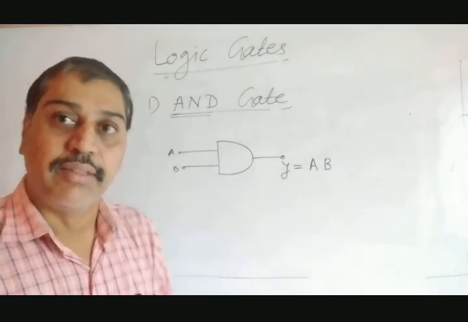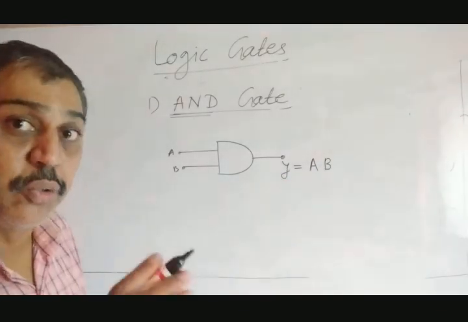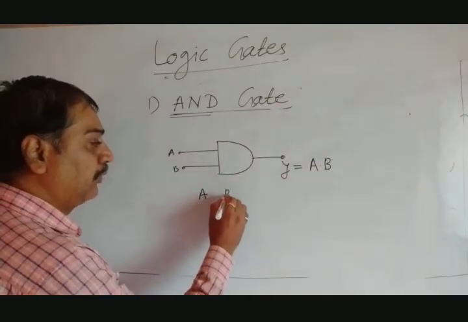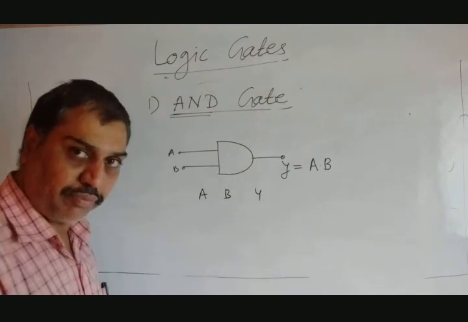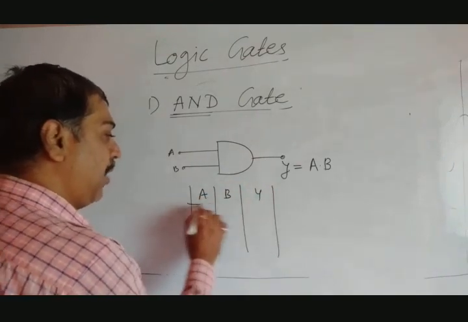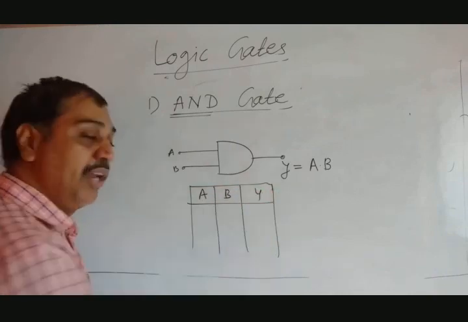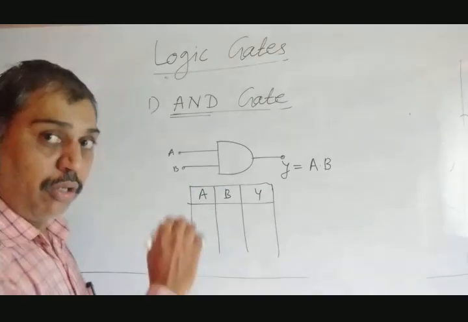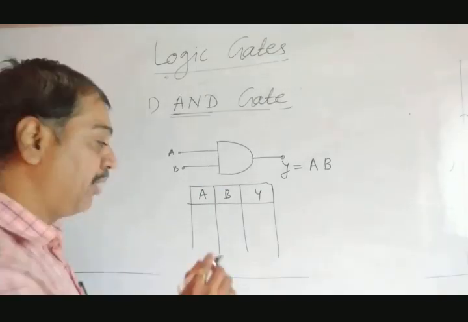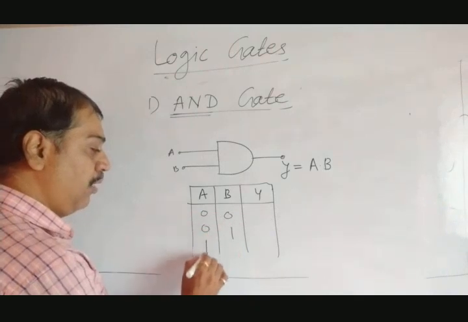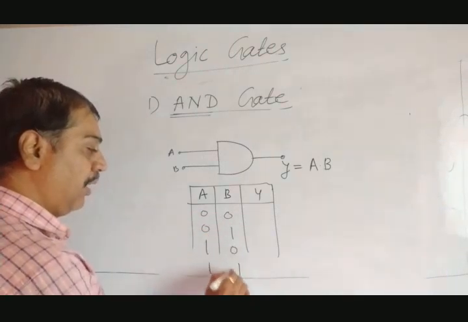Now we have to see one parameter, that is the truth table for this. Suppose I write here A, B and this is Y. Okay, draw the table. We have to prepare that simple table and consider the possible combinations of input. For a two-input gate there are four possible combinations: 0 0, 0 1, 1 0 and 1 1.